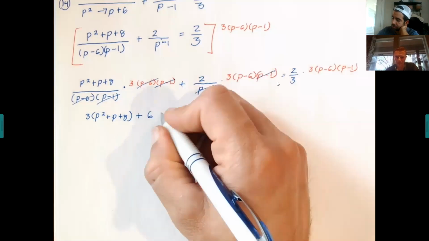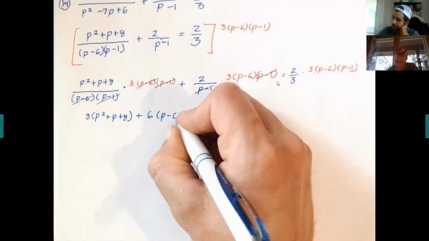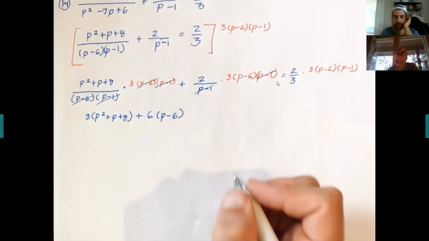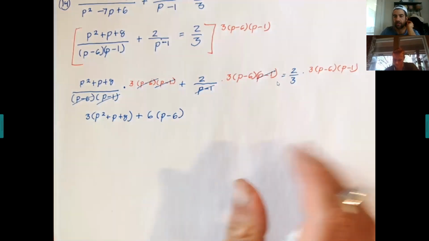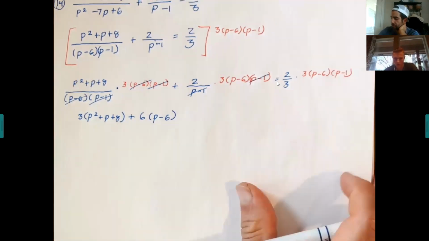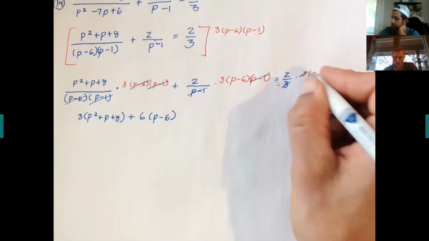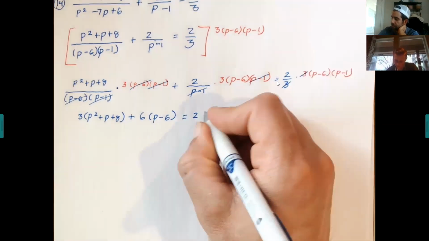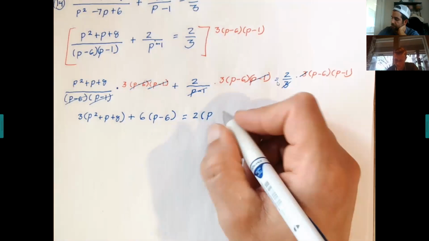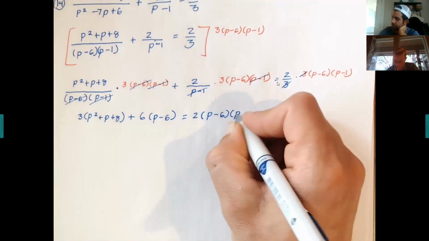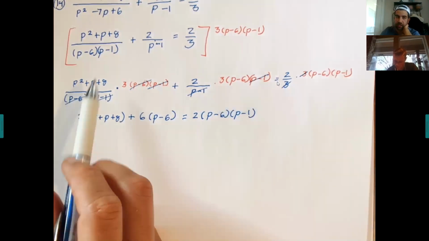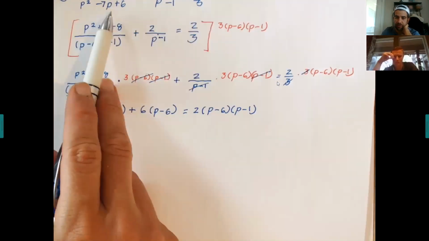So this is 6(p minus 6). Okay, and then finally on this side, notice that the 3s would cancel, and I would end up with equals 2(p minus 6)(p minus 1), which we know if you FOIL that, you get back to what you had here originally, p squared minus 7p plus 6.